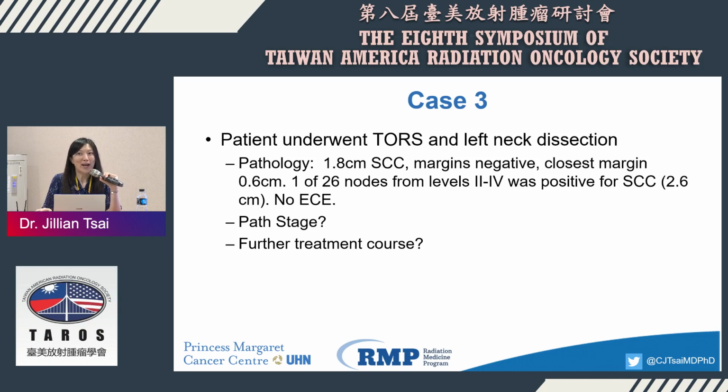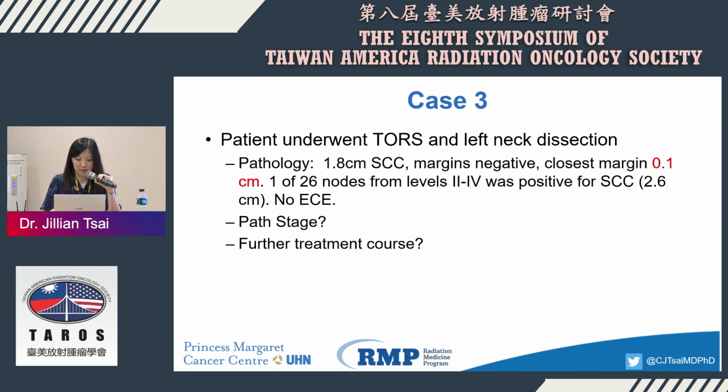We really don't have any trial data to see if we can omit the primary or omit the neck or both. What about a 0.1 centimeter margin? So I think most people would treat the primary and the neck, probably ipsilateral radiation.